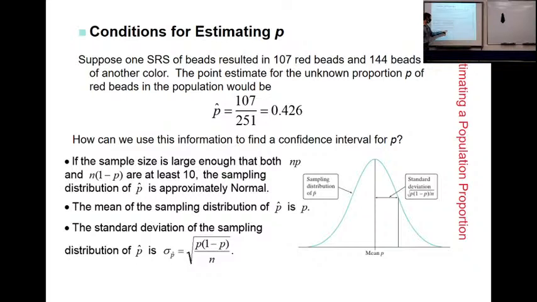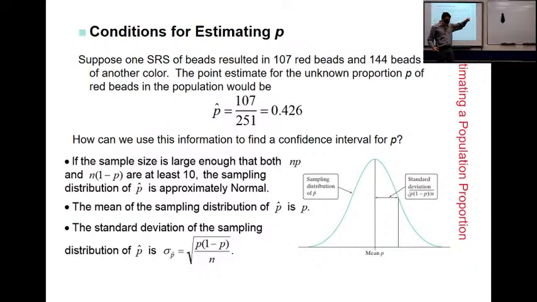The mean is the proportion. The standard deviation is the square root of pq over n, the square root of p times 1 minus p over n. Once again, we don't actually know what p is. So in this formula for standard deviation, instead of using p, we're going to use p hat. So to find a standard deviation, it would be the square root of 0.426 times 1 minus 0.426 over n, which is 251. That's our total sample size.